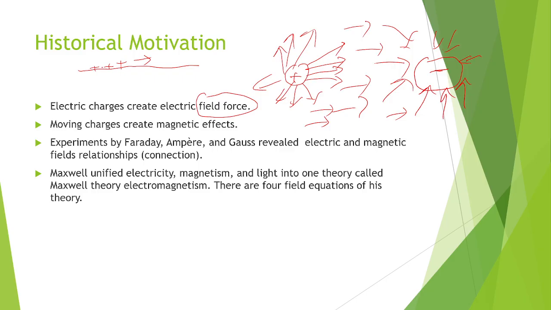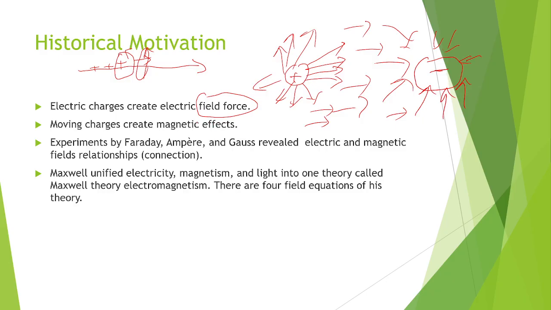If these charges are moving in the line, there will be a magnetic field around this line. So moving charges create a magnetic effect, meaning a magnetic field.